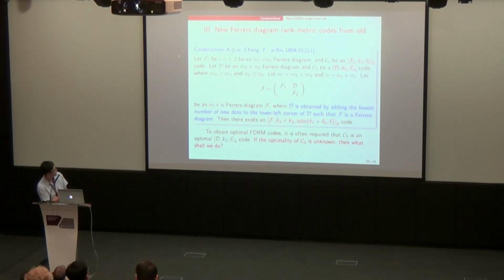Here D hat means, because D is a Ferrers diagram, so a Ferrers diagram has the shape of some diagonals. So D hat is obtained by adding the fewest number of new dots to the lower left corner of D, so that it is a Ferrers diagram.